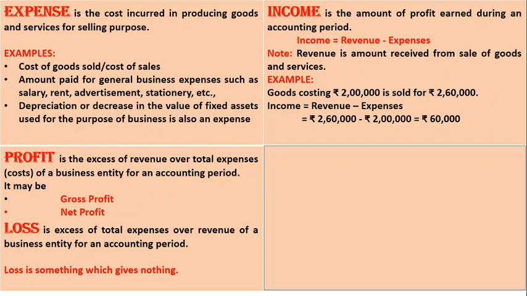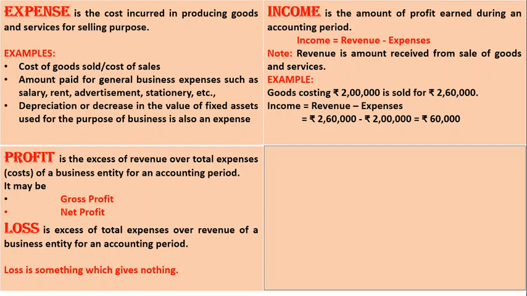So it is an excess of revenue over the total expenses of the business entity for an accounting period, and this profit is classified as gross profit and net profit. There is operating profit also, which we are going to learn in later chapters. So profit is the difference of the revenue and expenses. These two words are of the same nature, or similar.